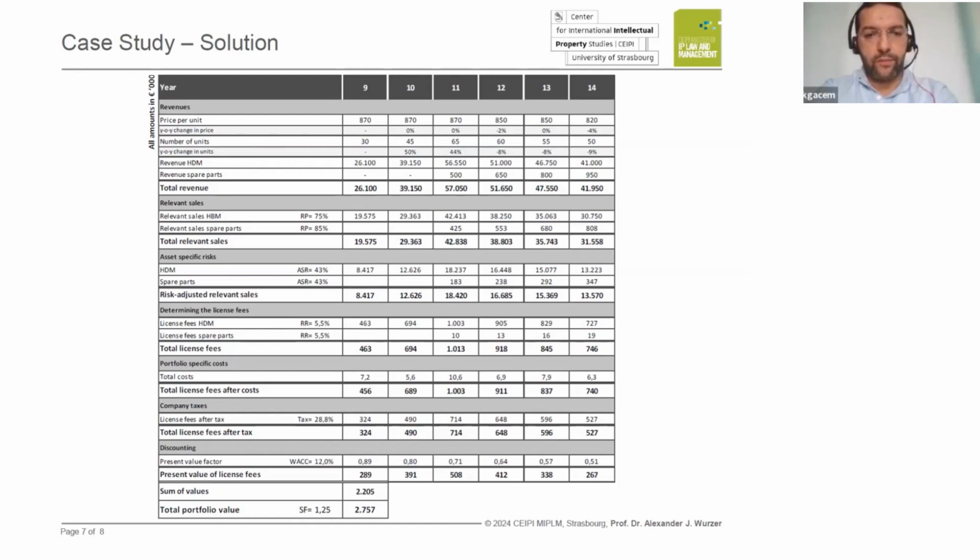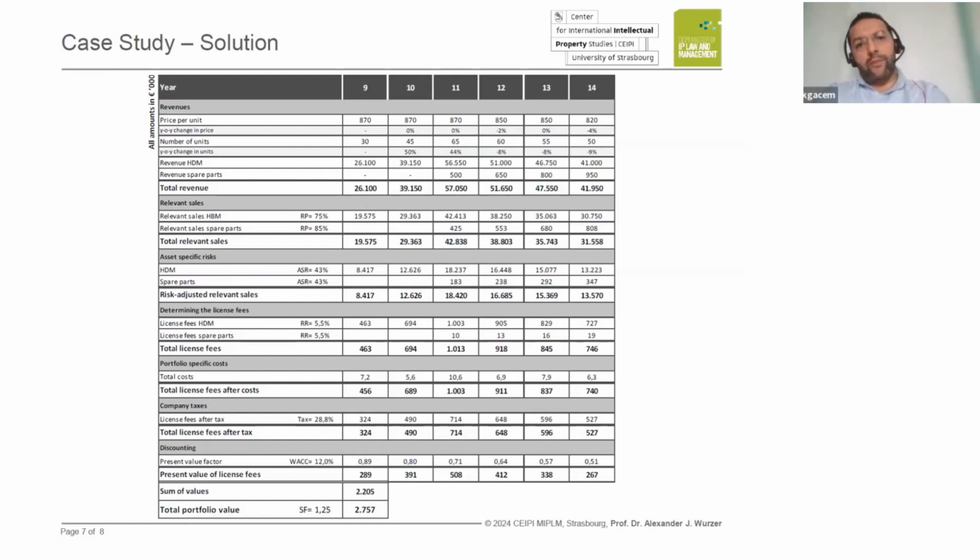We apply this to get the total relevant sales for both spare parts and HBM, and sum up and get the values ranging from 19,575 to 31,558 for the 6th year.